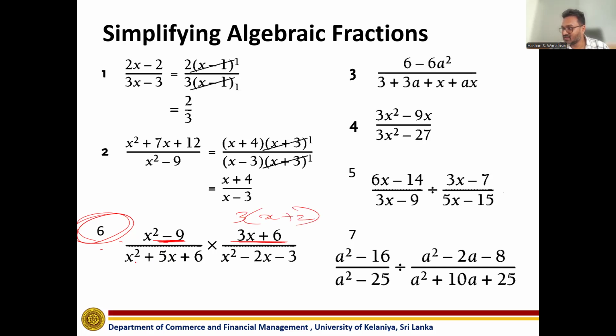And here also two quadratic trinomials are there. Here there is a multiplication mark, so you don't need to change upside down, but here the division mark is there. If you convert this into a multiplication mark, you have to change the upside and the downside of the second term. Likewise you can settle, and I think you can get the answer.